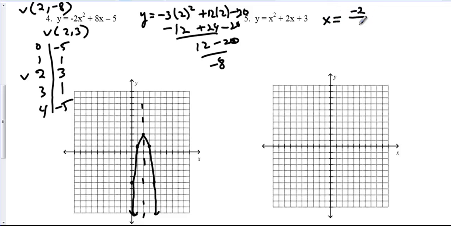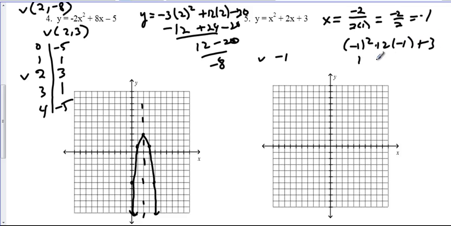Okay. Doing it by hand, again, we could do the opposite of b over 2a. So that would be opposite of b over 2a. That's -2 over 2, which is -1. That means my vertex is -1. And then I could plug in to find my y value. So I would have -1 squared plus 2 times -1 plus 3. So that's 1 minus 2 plus 3. -1 plus 3 is 2.